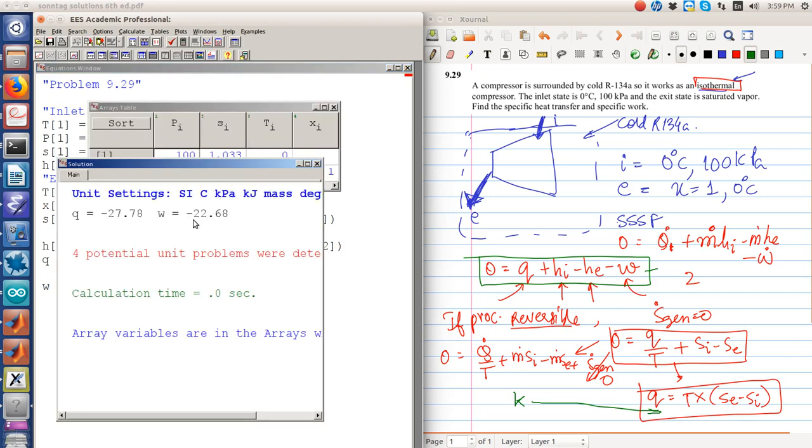So the specific work done is minus 22.68. The work input to the compressor required is 22.68 kilojoule per kg. Specific work is this, the specific heat is this.